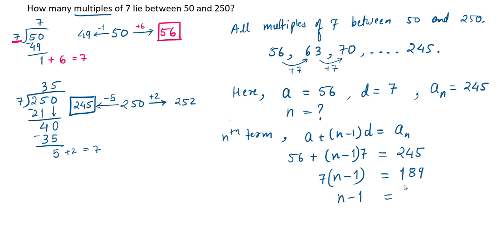So n minus 1: 7 times 2 is 14, if we take away 14 out of 18, 4 remaining, 49, which is 7 times 7. So n minus 1 equals 27. 1 will go to that side, so n is 28. So there are 28 numbers which are multiples of 7 between these two numbers.